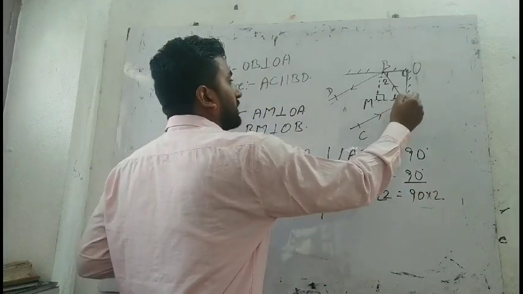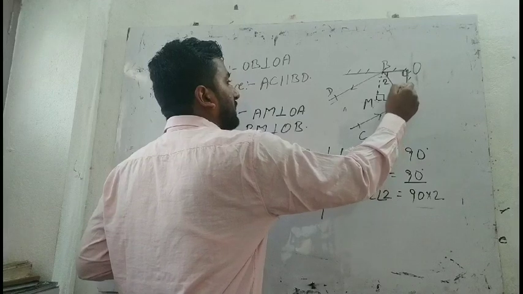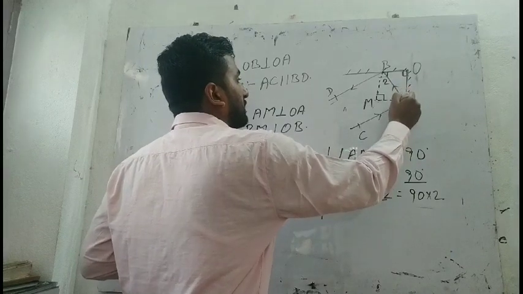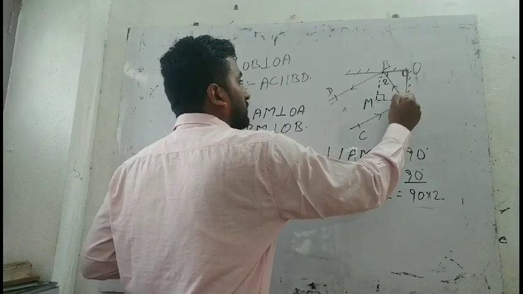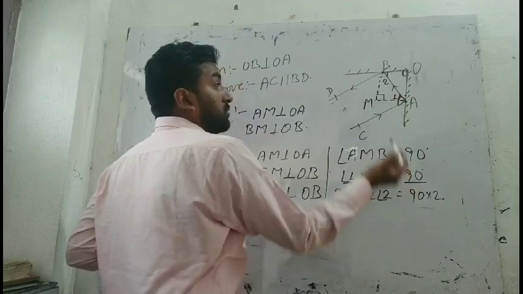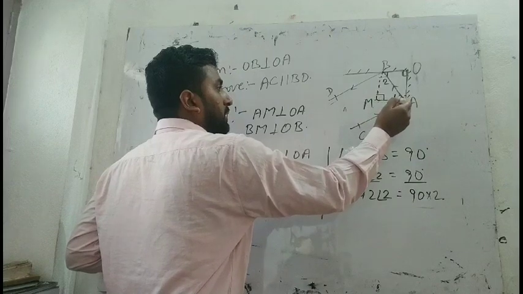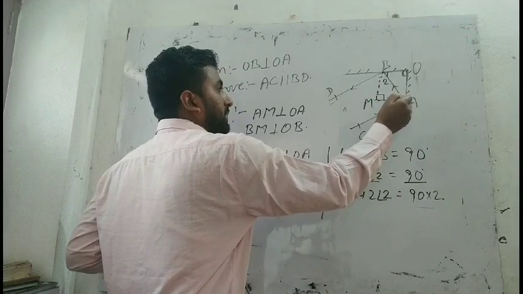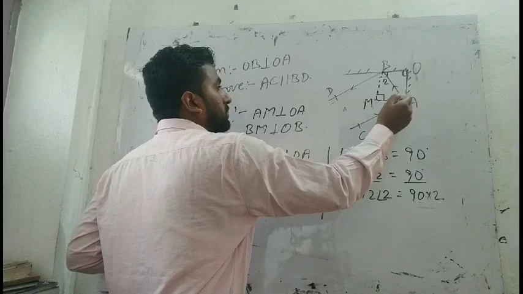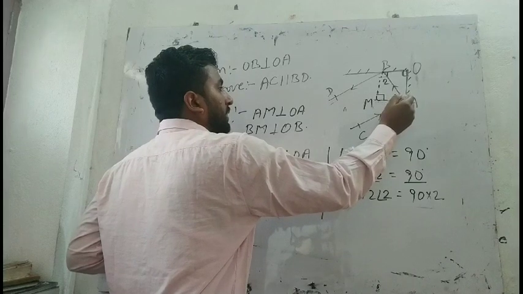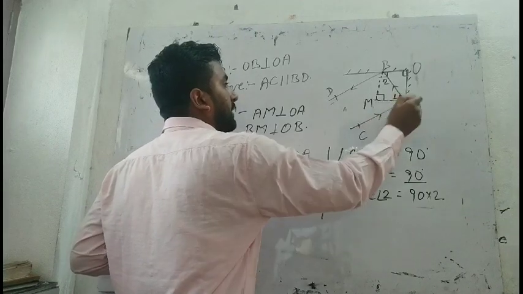According to the laws of reflection, this is the incident ray and this is the reflected ray, and AM is the normal, so the angle of incidence and angle of reflection are equal.